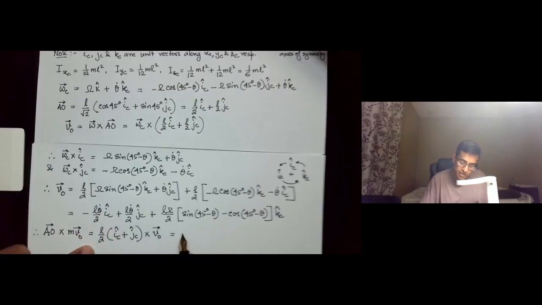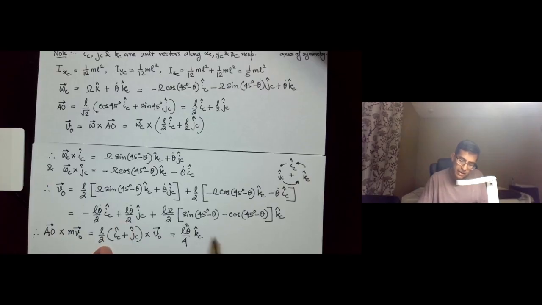IC cross IC is 0, then IC cross JC is KC, so we have L squared theta dot divided by 4 KC, and then IC cross KC is minus JC, so it's going to be minus L squared capital omega over 4 times sine 45 degrees minus theta, cosine 45 degrees minus theta.